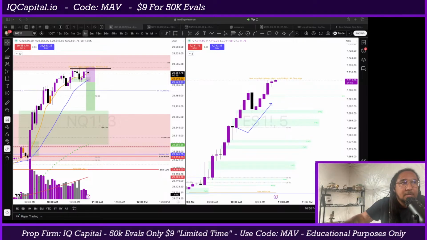So it looks like we're getting a slight push to the upside at the beginning of this 1050 macro. We'll really start to see what's happening as that new hourly candle approaches.